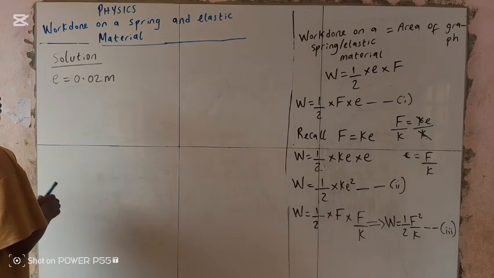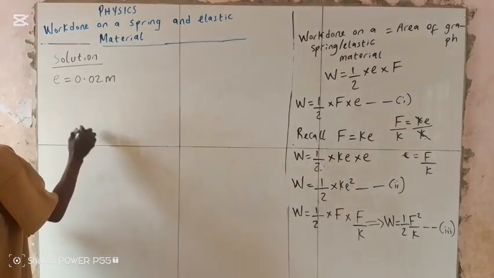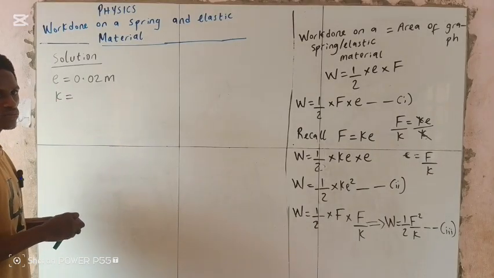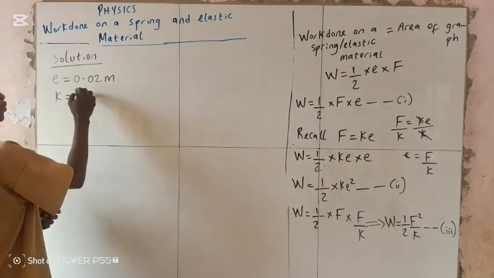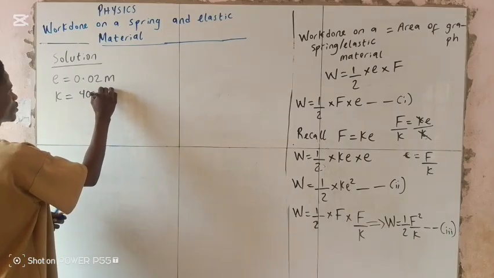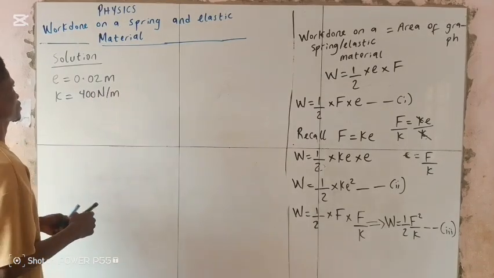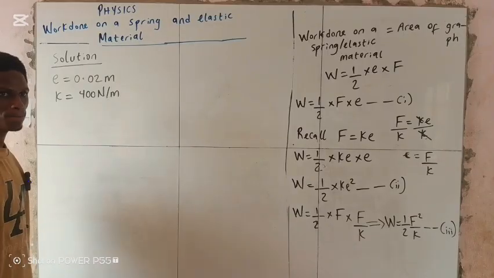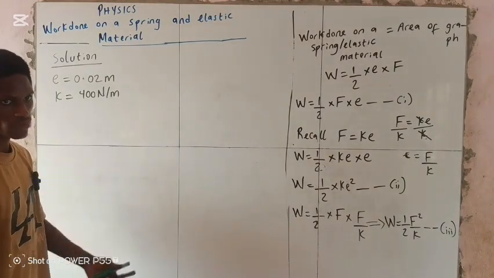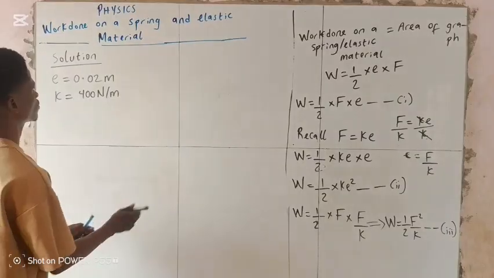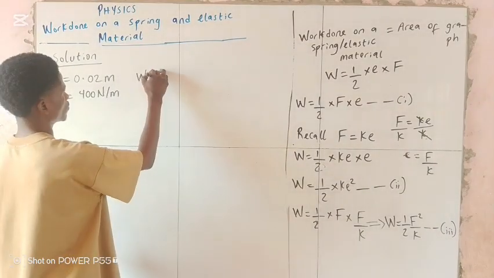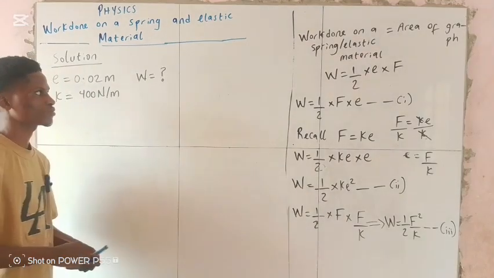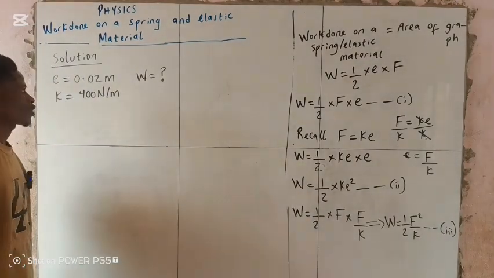Force constant, that is K, as 400 Newton per meter. What are we asked? Energy stored, that is the work done over there.